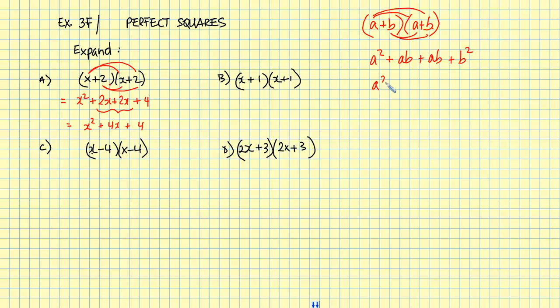And I end up with A squared plus 2AB plus B squared. Okay, so what is the rule basically telling me? The A squared plus 2AB plus B squared is basically saying that I am going to be taking my first term and I'll be squaring it. So I am squaring the first term.